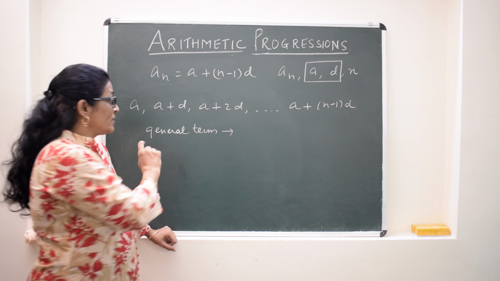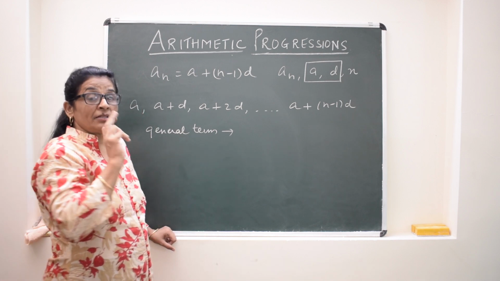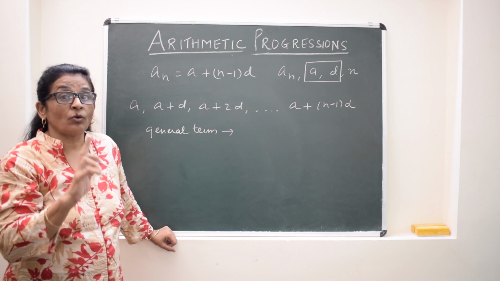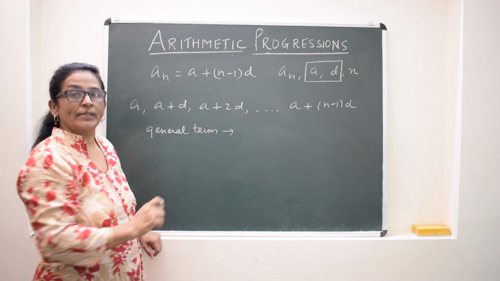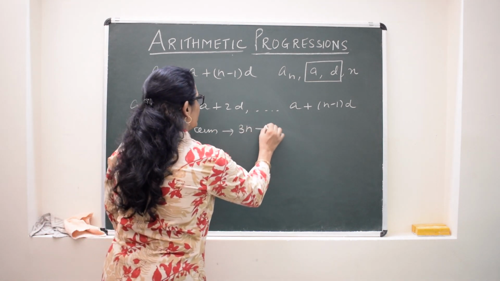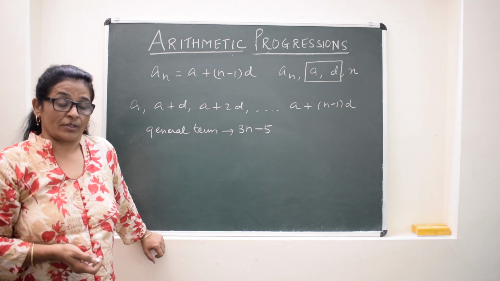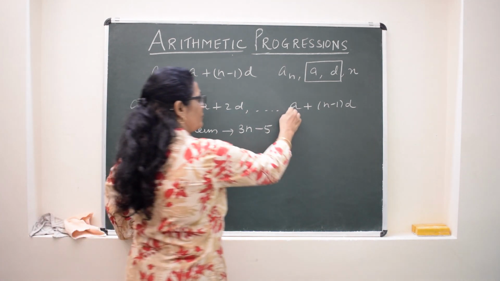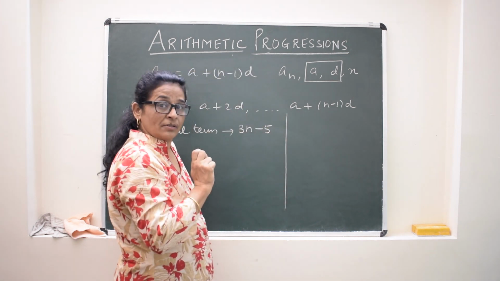When the sequence's general term is given, then we will see that D should be independent of n. So for example, when the general term of any sequence is given, we will check whether D is independent of n or not. D is actually the difference of two consecutive terms.